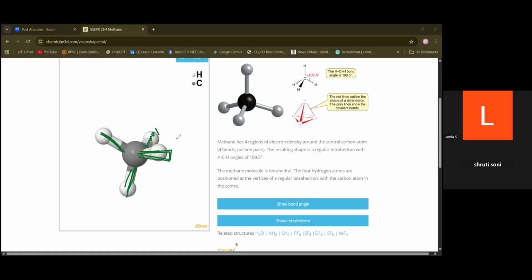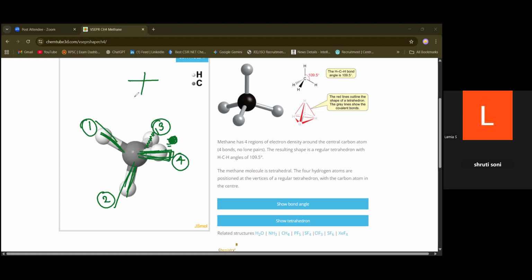Done. And if I'm watching this molecule from here and I need to annotate this, how will I do that? These two, if I'm seeing from here, are the top and bottom. Let's suppose this is first, second, third, and this will be fourth.